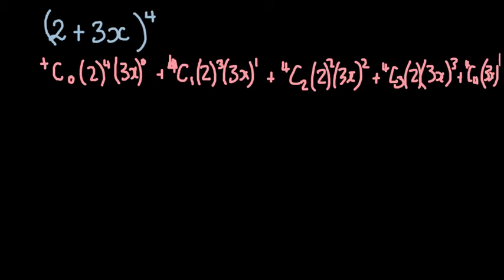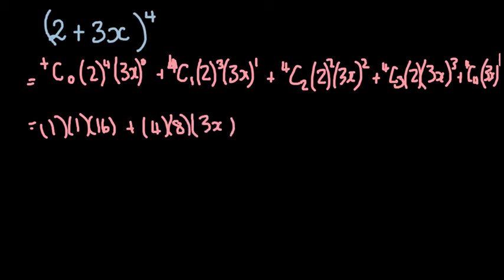From this then, we can just evaluate each of our terms. So 4 choose 0 is 1, 3x to the 0 is 1, it's all multiplied together, and then 2 to the power of 4 is 16. 4 choose 1, you can do it on your calculator, is 4. 2 cubed is 8, and then we've got 3x.